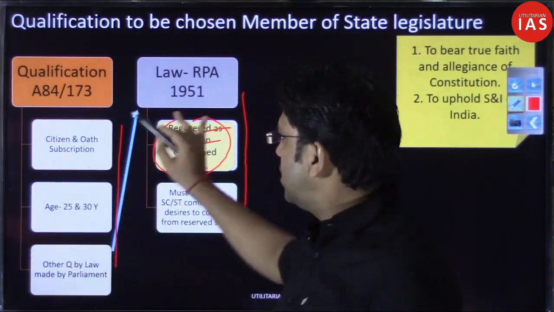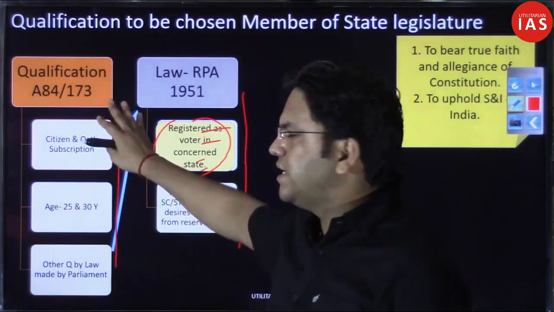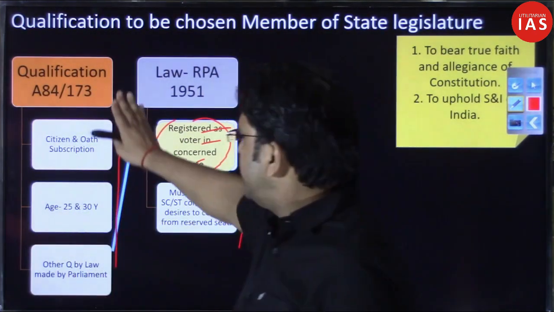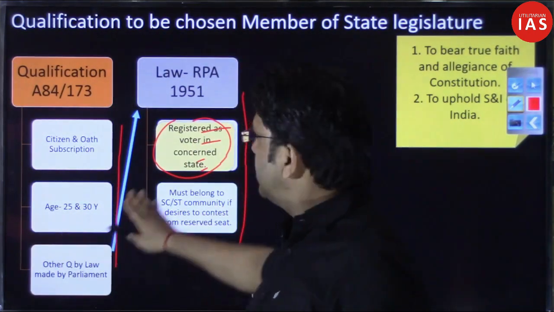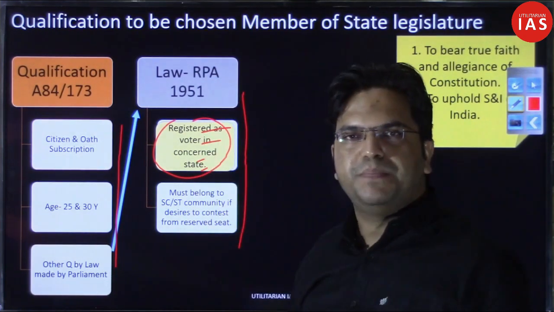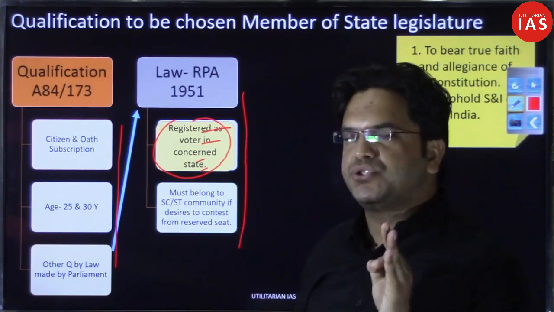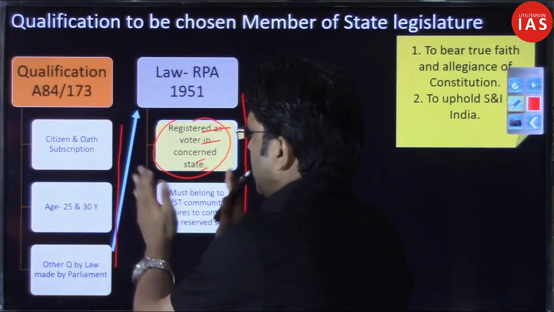One pointer that I would like to make: there are certain qualifications for a person to contest election as MLA that have been mentioned directly in the Constitution, and there are certain qualifications that have been mentioned in the Representation of the People Act, a statute, not in the Constitution. You need to keep a separate eye on this.